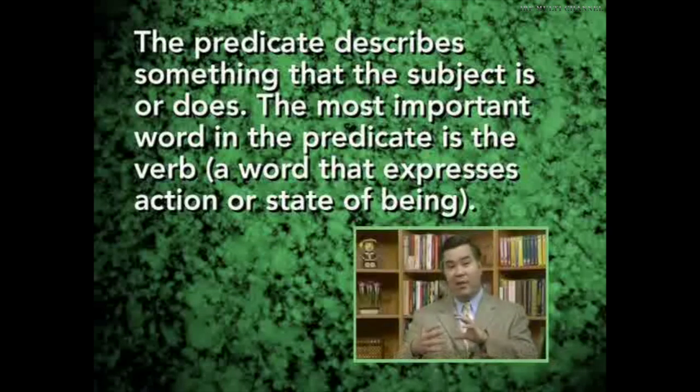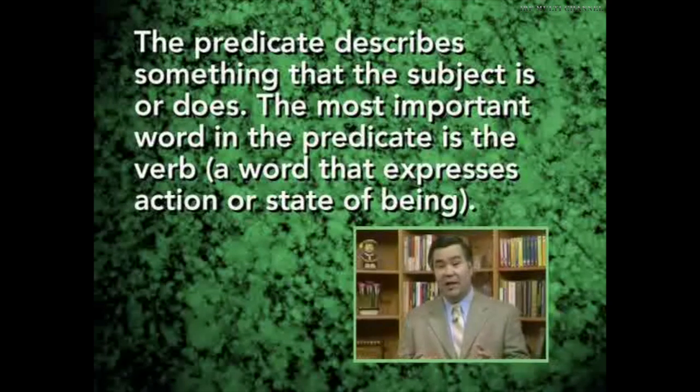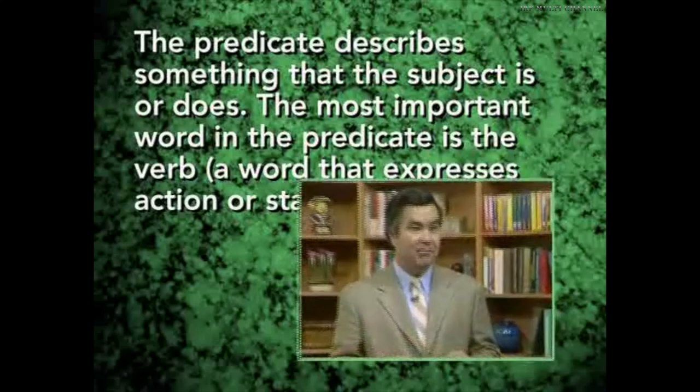Once again, within the predicate, there is one most important word to focus on, which is called the verb, and all the other words that are in the predicate are there to give more information about what the subject does. Let's take a look at a couple of examples of sentences and see how they can be divided into subject and predicate.